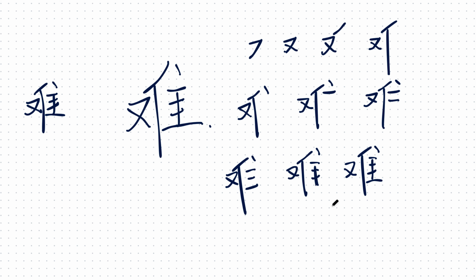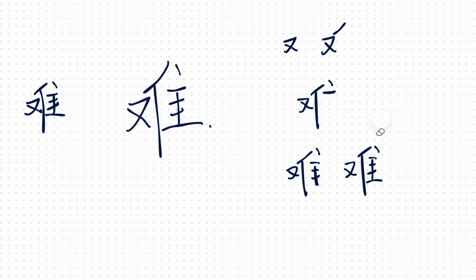So from top to bottom, and the left to right, top to bottom. This is how you write it. Okay, if you still don't get it, you can get a screenshot of this in this order. You will know how to write it.